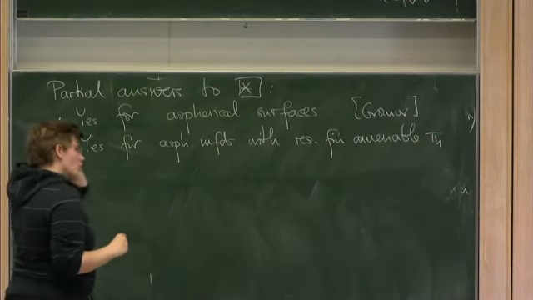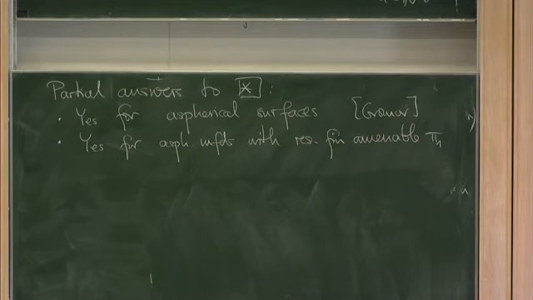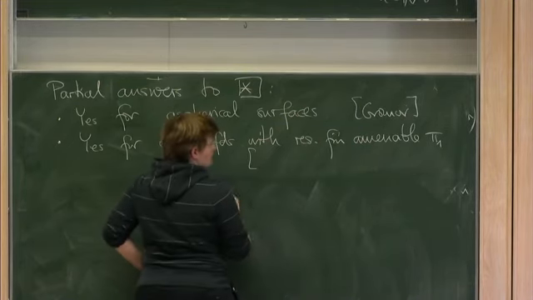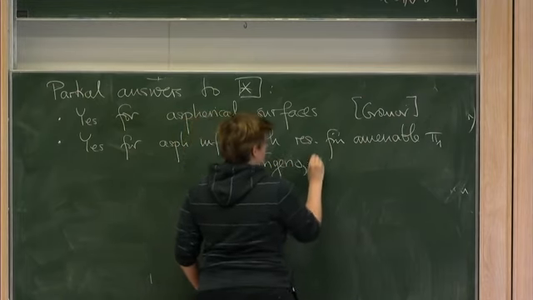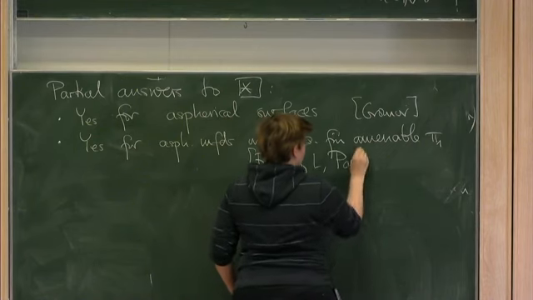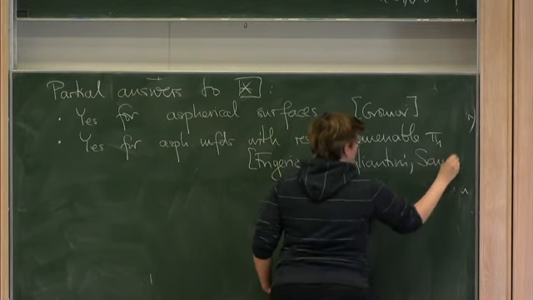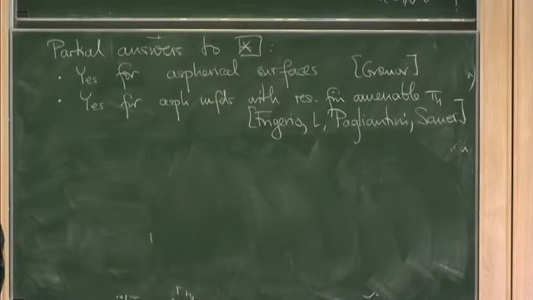And well, then again, the proof basically can be formulated like this. You look at suitable finite coverings, and then you find good cycles, and then you average. Okay, so this is more or less straightforward, and this is contained in a joint paper with Roberto, Cristina Pagliantini, and Roman Sauer. Okay, so that's also good.